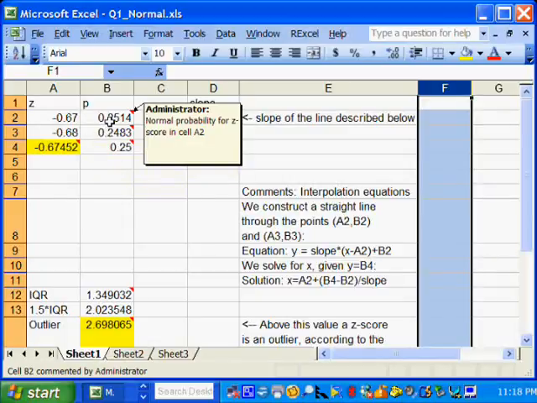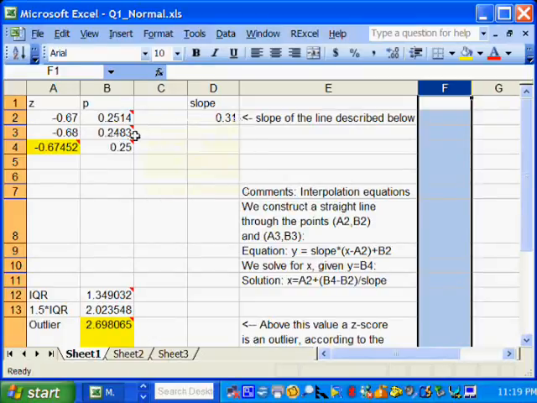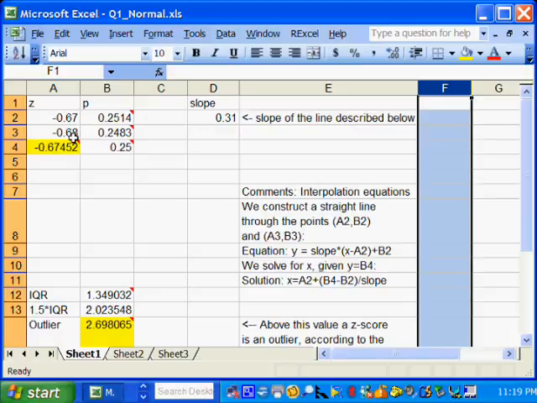I will explain what interpolation means in the comments right here. Okay, so what's happening? The interpolation consists in constructing a straight line passing through the points A2, B2 and A3, B3. That means the z-score and the probability values corresponding to the table lookup that I perform.